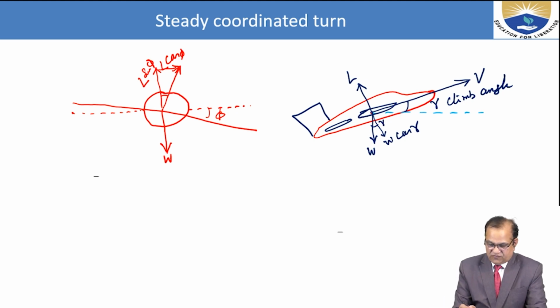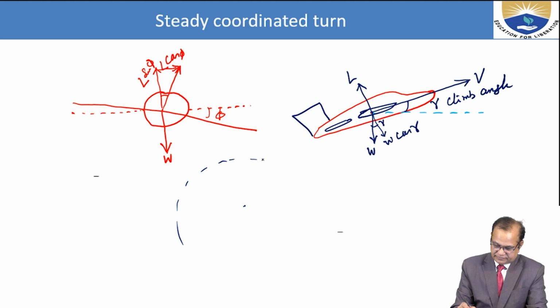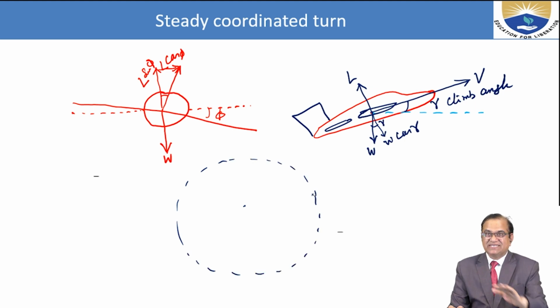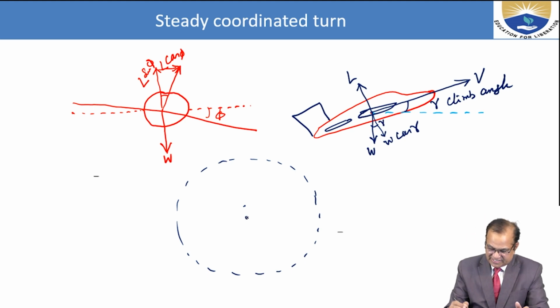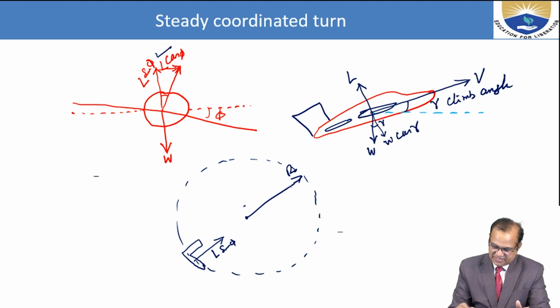And if we talk about a turn, it is a coordinated turn, meaning it is in the same plane, and this is the center, this is your R. If the aircraft is here, this is L sin phi, directed towards the center.